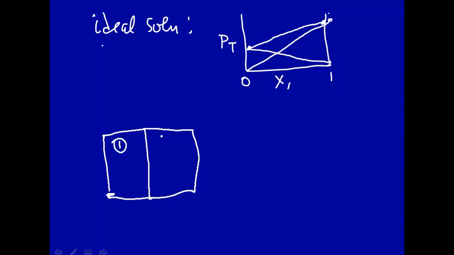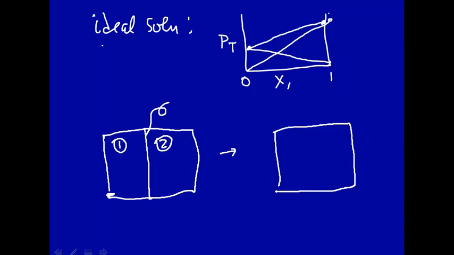This is component 1 and this is component 2. And then what you're going to do is remove this partition so that we now have a mixture of component 1 and 2. They're all mixed out here together.